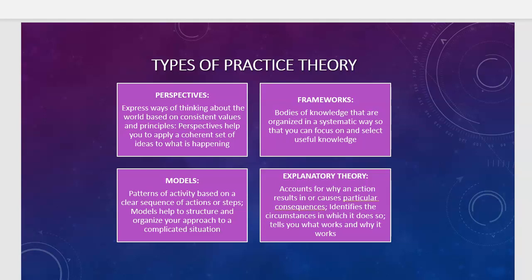An example of a framework is an ecological framework. An ecological framework directs our attention to the social context. There are many, many variables in the social context. For example, race, gender, socioeconomic status, disability status, immigration status, as well as age, ethnicity.